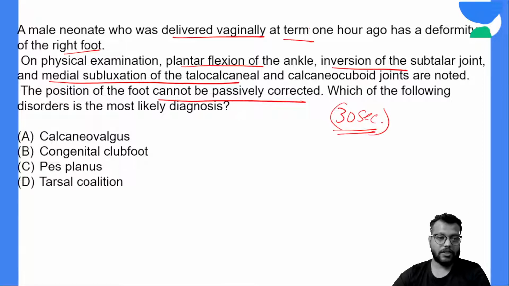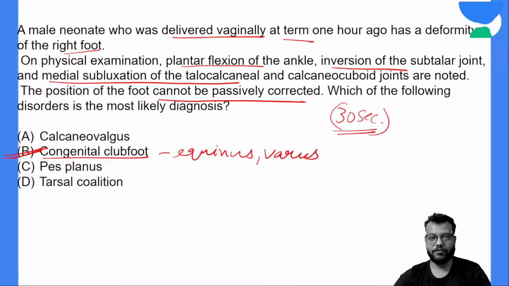Okay, so the answer is very easy. That is congenital clubfoot, and it will not be calcaneovalgus, because plantar flexion means there is equinus deformity with inversion, that is varus, the equinovarus deformity, and also medial subluxation or adduction, that is varus. So equinovarus deformity, which is congenital clubfoot or CTEV.